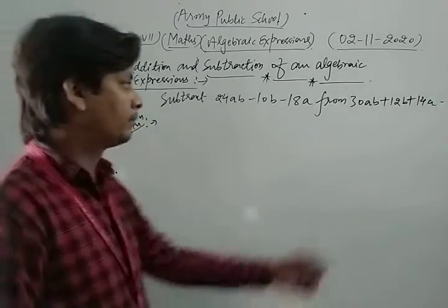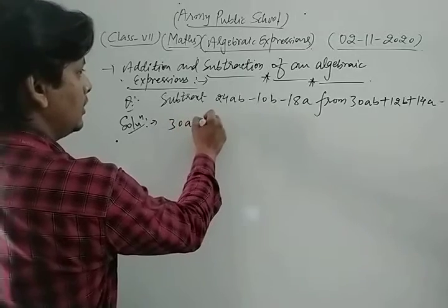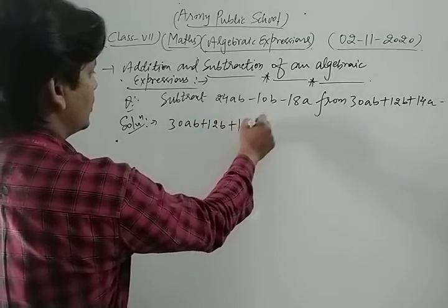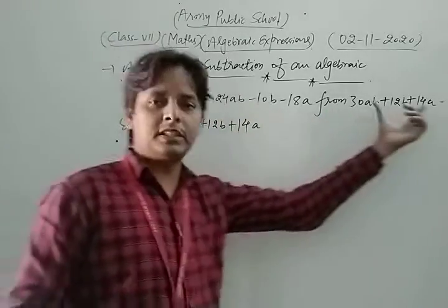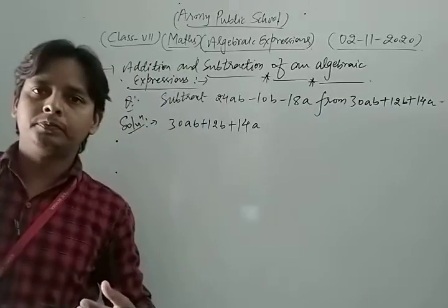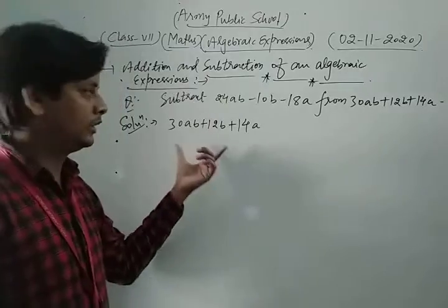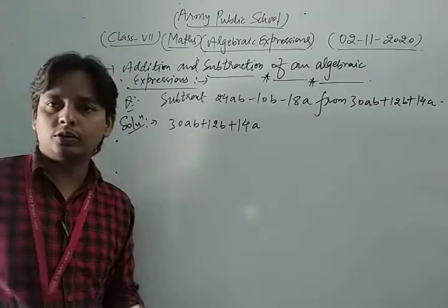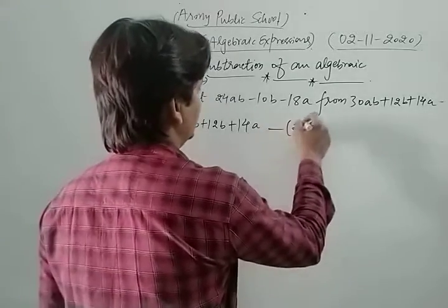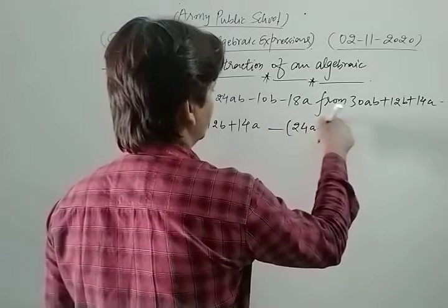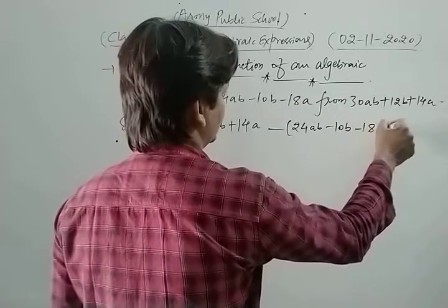First of all, we write the algebraic expression 30ab plus 12b plus 14a. Now we subtract that algebraic expression from this one, so we write minus, then 24ab minus 10b minus 18a.